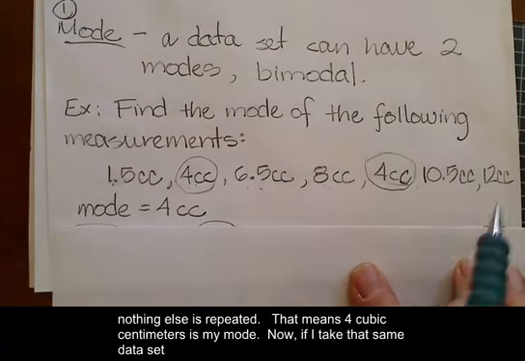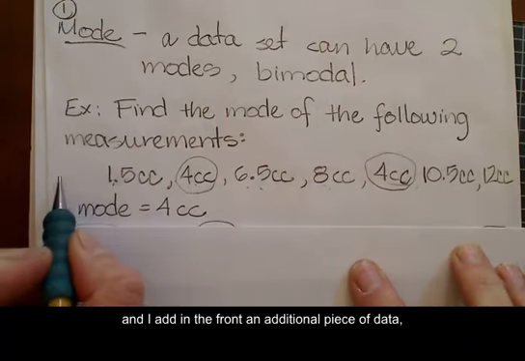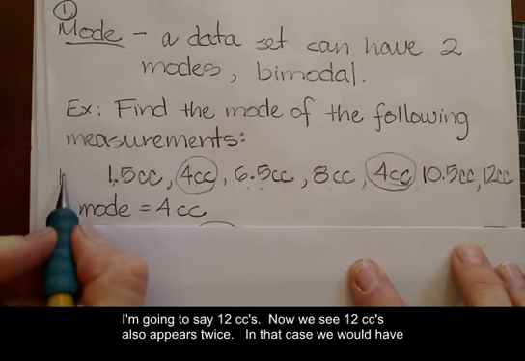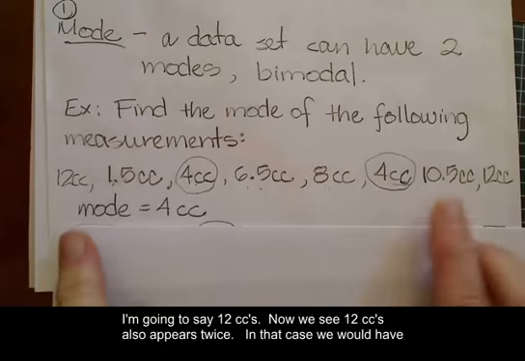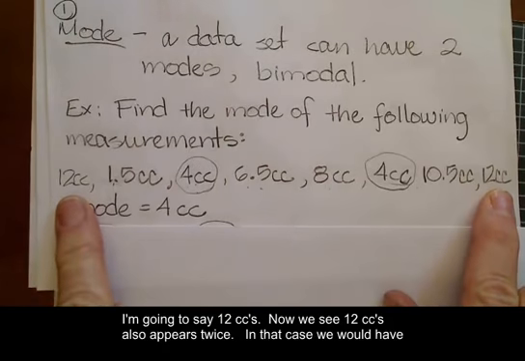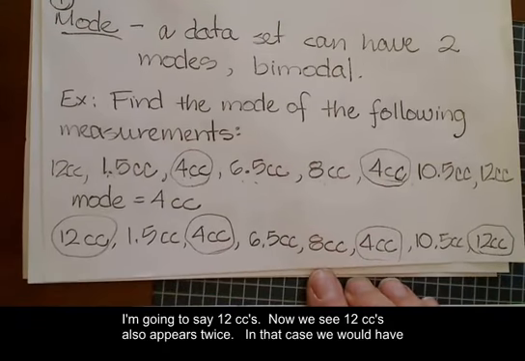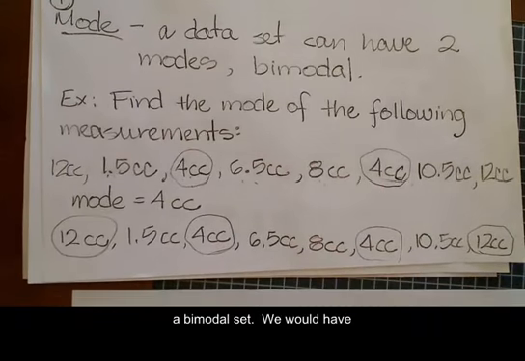Now if I take that same data set and add in the front an additional piece of data, say 12 cc's, we see 12 cc's also appears twice. In that case, we would have a bimodal set.